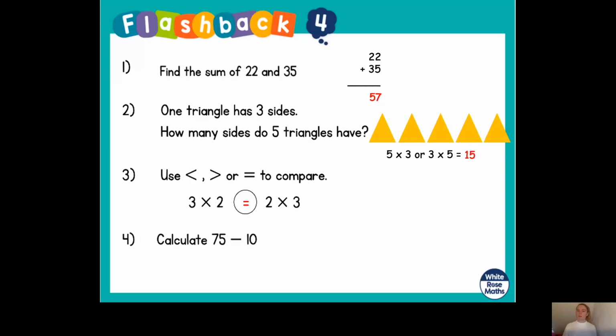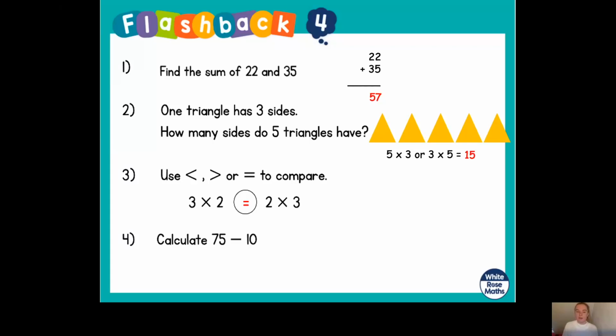Do you know the answer to 3 multiplied by 2? Should we count together in steps of 2, 3 times? Let's go. 2, 4, 6. Stop, we've counted 3 times, so the answer is 6. 3 multiplied by 2 equals 6. So we also know that 2 multiplied by 3 is also 6.